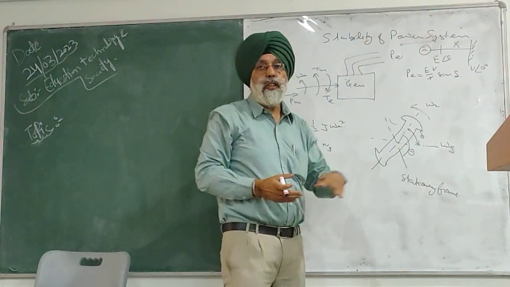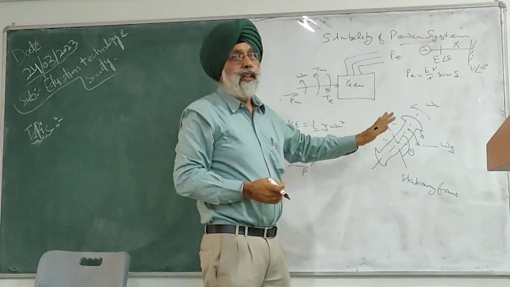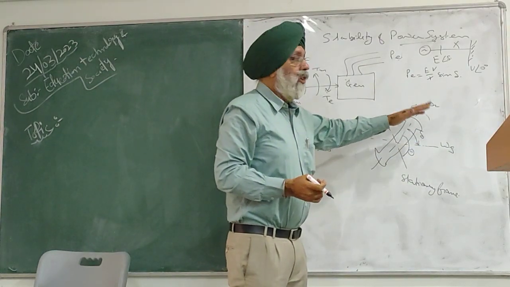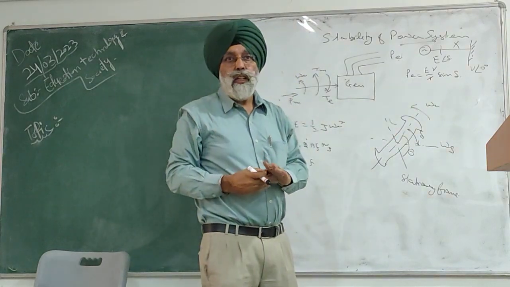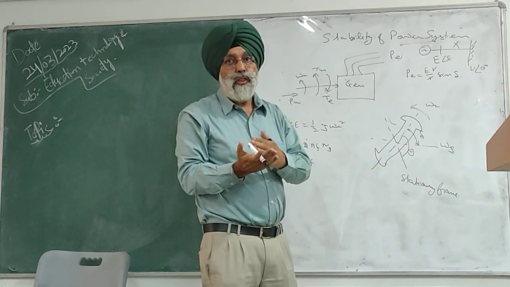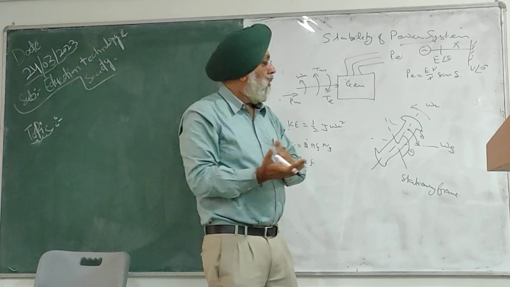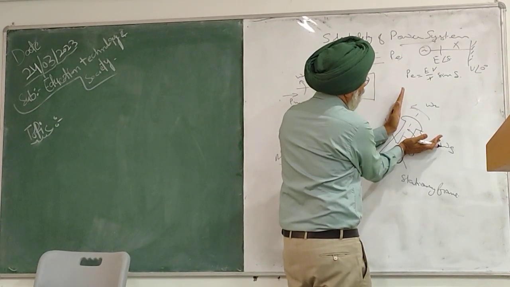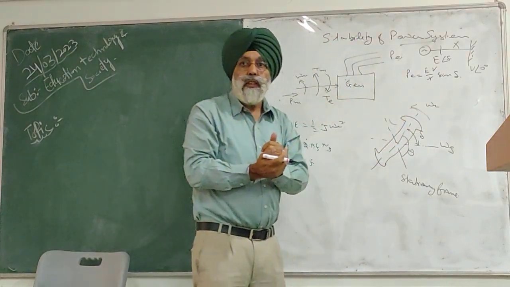But if there is a disturbance, then your rotor speed may increase or decrease as compared to the synchronously rotating field. So in this case, this angle delta may start increasing or decreasing.